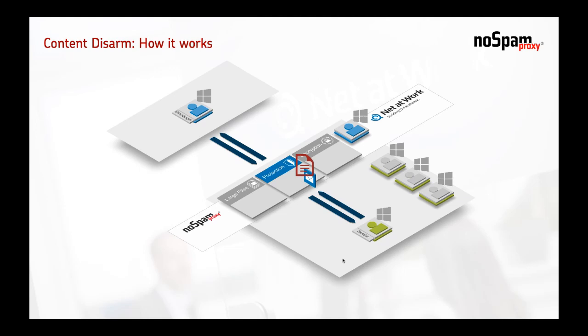What CDR is doing now is that we take the Word document and convert it into a PDF. This is the X-ray. We put the Word document in our attachment quarantine, which stays here on the gateway, and only the PDF file, the X-ray, is attached to the email. Your internal user will receive the email with the X-ray, the PDF file, and can see what's going on.